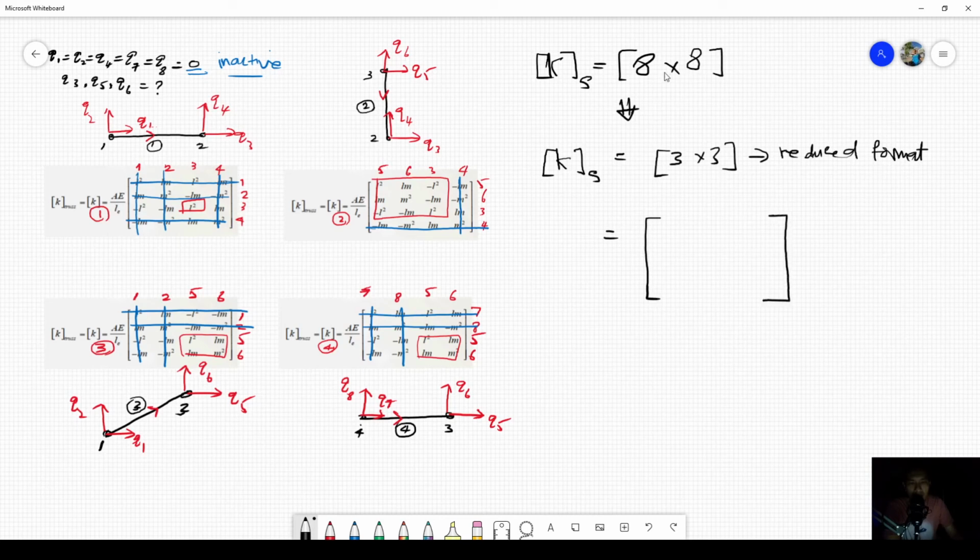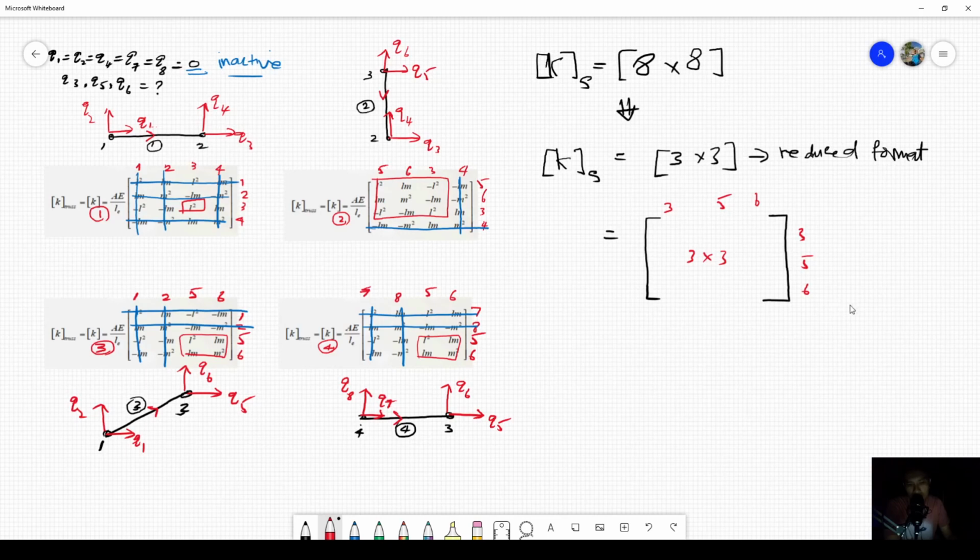Instead of having 8 by 8, now we can only write our K matrix in the global coordinate system for the whole structure, having the index that refers to the displacements 3, 5 and 6. So our system will have only 3 by 3 in terms of its size.